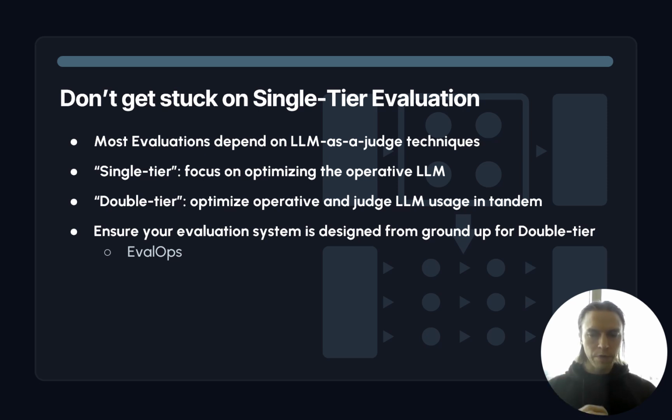And this is what we could call double tier. You need to optimize both the operative LLM flow that powers your agent and the judgment flow that powers your evaluations. This is a rather complex situation in general, and we are calling this EvalOps, because it seems like a separate kind of thing that involves evaluations that are so complicated, so expensive and slow that they earn their own category of activities.